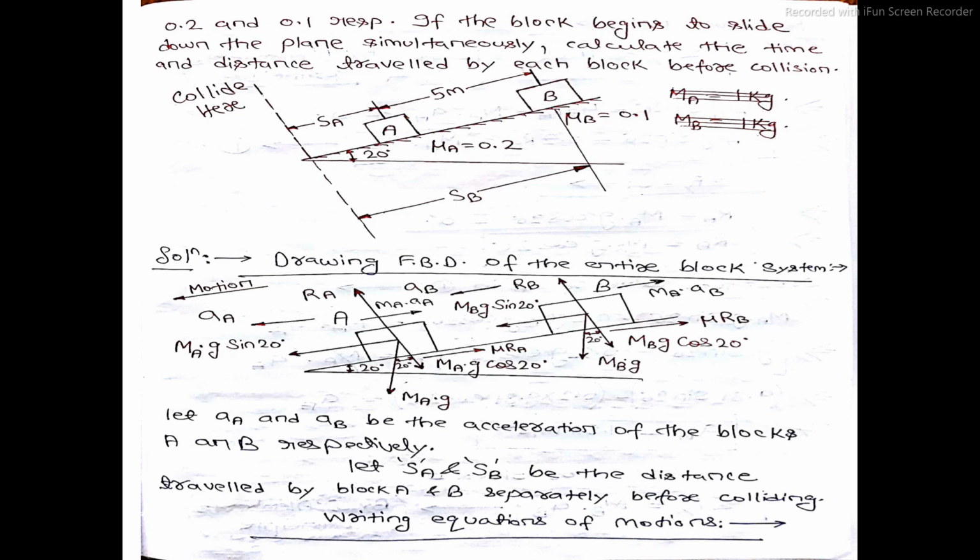On this inclined plane, two blocks are kept. One block is block A and the second block is block B. Both the blocks are separated by a distance of 5 meter.